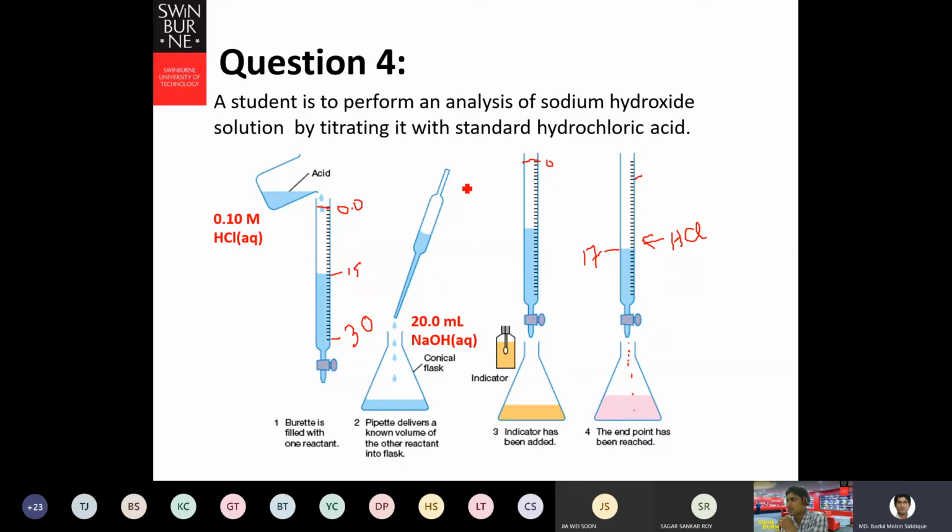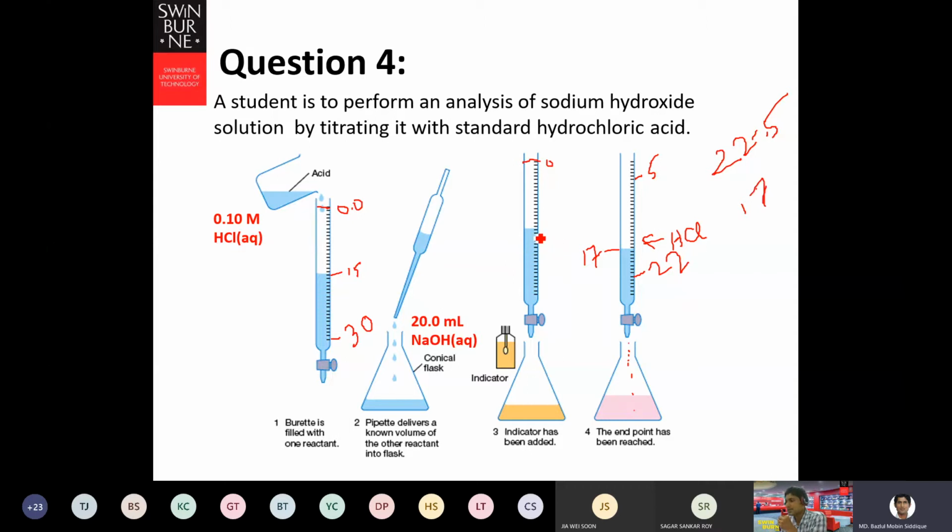If I had started with 5 milliliter and then I added like 22 milliliter, right? So 22 minus 5, I would do like this, 22 minus 5, and it is 17 as well.